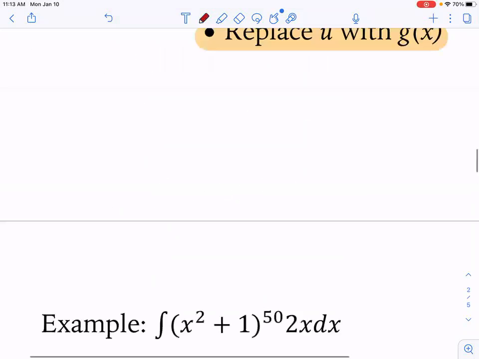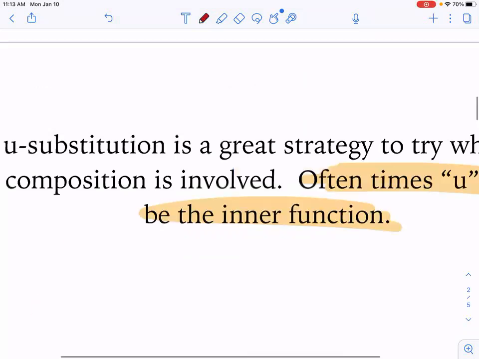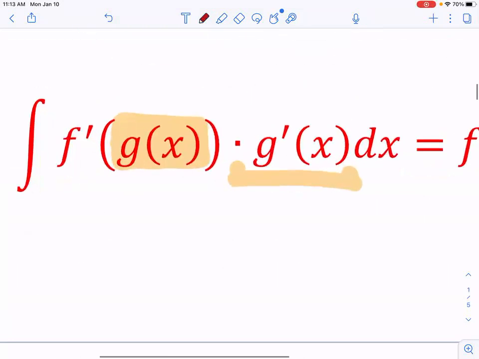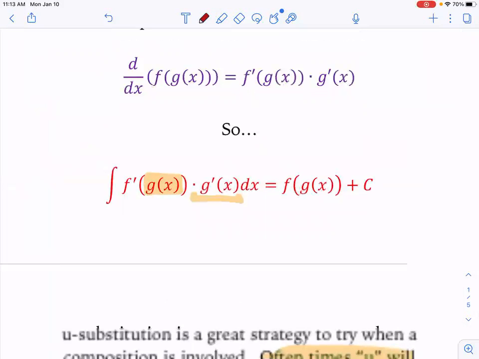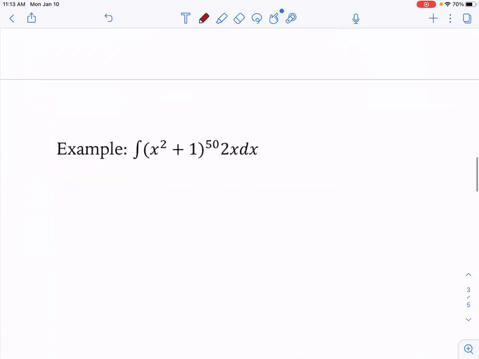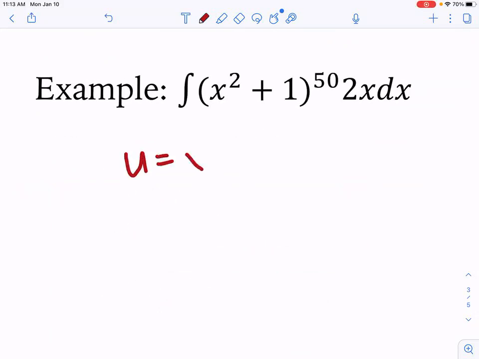So this is what we're hoping for: some sort of function inside of a function, and hopefully we're multiplying by something a little simple. We actually have that, where our inside function for this composition is x squared plus 1. So we're going to let u equal x squared plus 1.